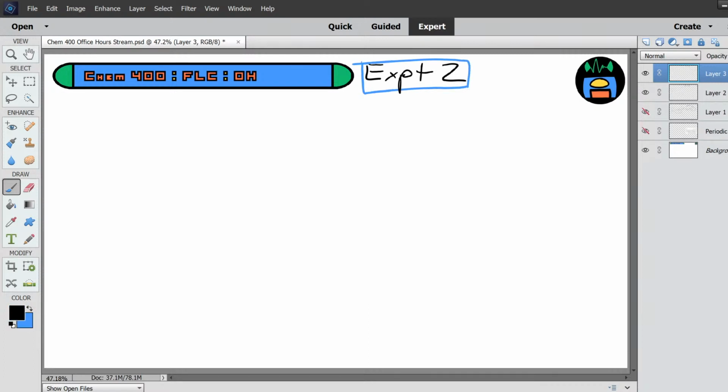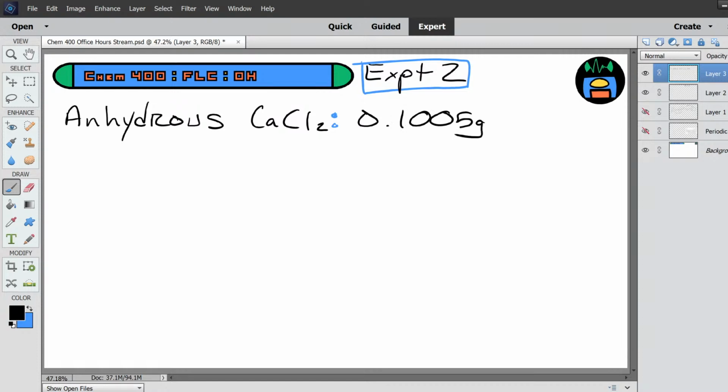So, anhydrous calcium chloride. For my mass of anhydrous calcium chloride, I'll have a mass of 0.1005 grams. My calcium ISE reading is 381.0.